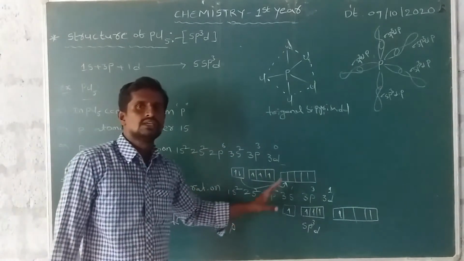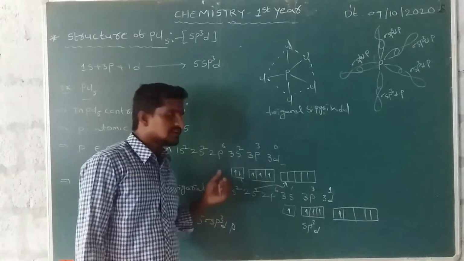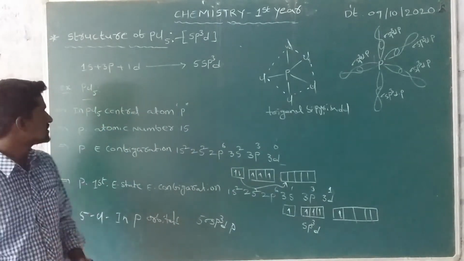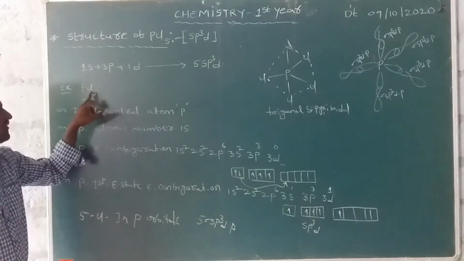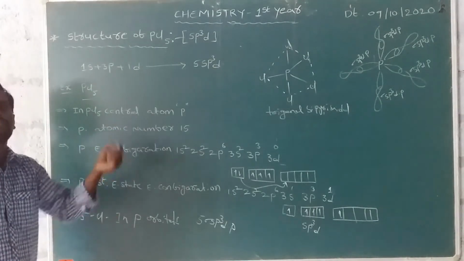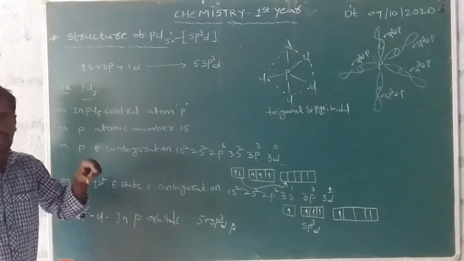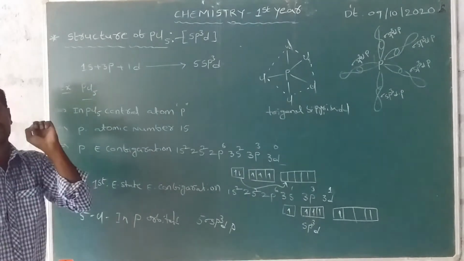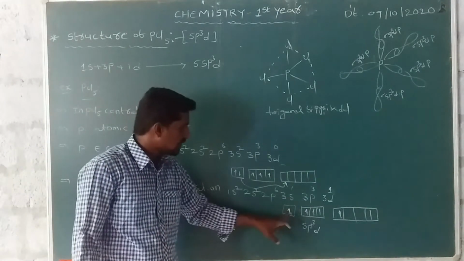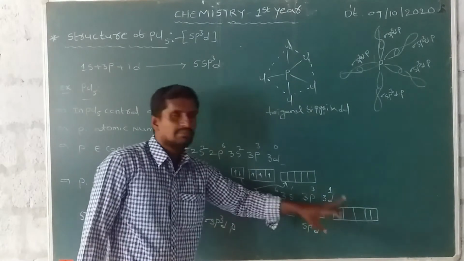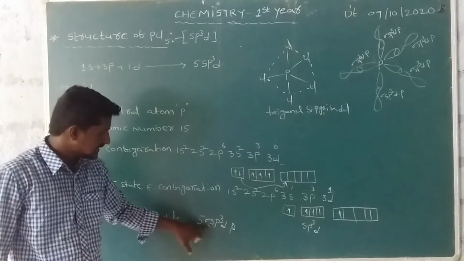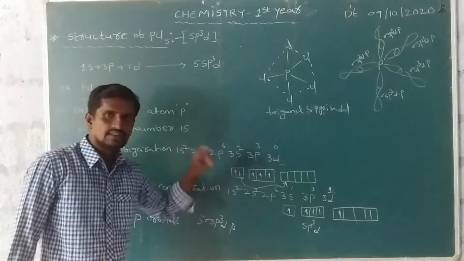Also in PCl5, 5 chlorines are present in the chlorine p orbitals, with 5 electrons overlapping with 5 sp3d hybridized orbitals to form 5 sigma sp3d-p bonds.